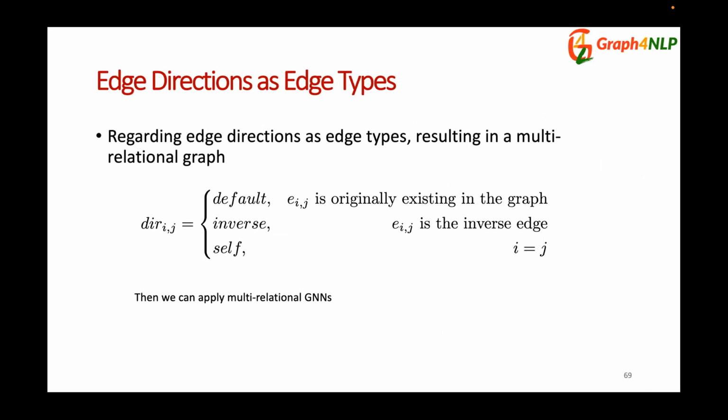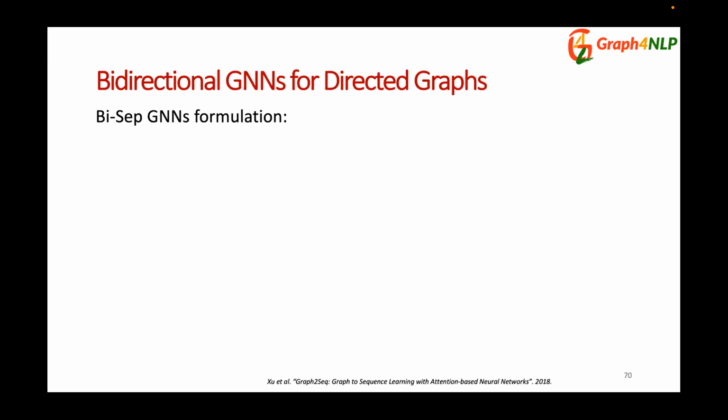We will have an inverse edge type, which is the inverse of the original edge, and we will also have a self edge type, where we add self loops on all the nodes in the original graph. By doing that, the edge types can naturally capture the edge direction information, and we can apply multi-relational GNNs to the resulting graph to encode the edge direction information.